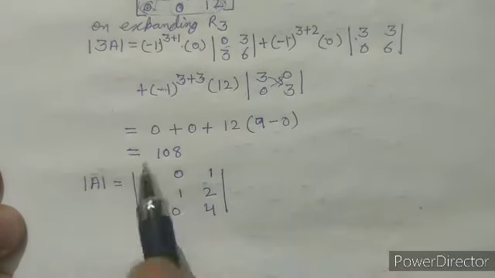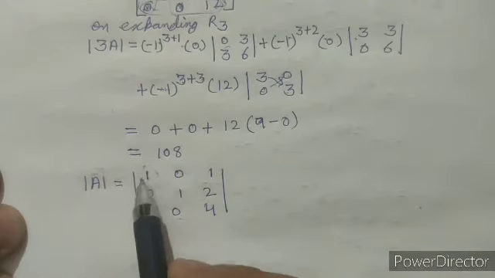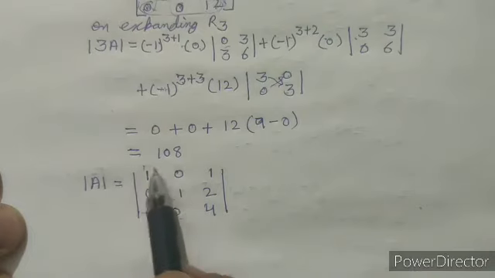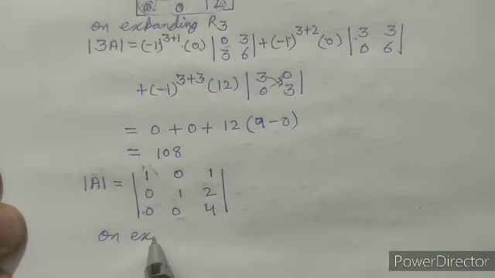Here also we can expand row 1 or column 1, row 3 or column 1, as we have done in the previous step. We expanded row 3, so it is more convenient to expand row 3 or column 1. So here I am expanding column 1. You can also expand column 3.